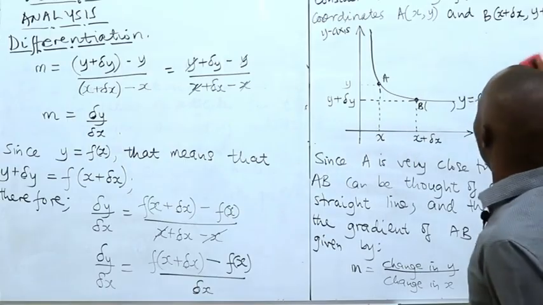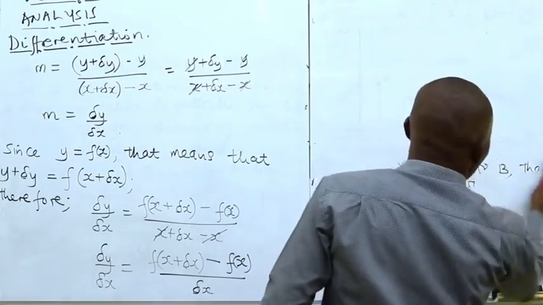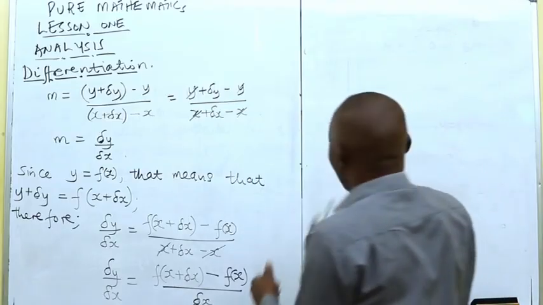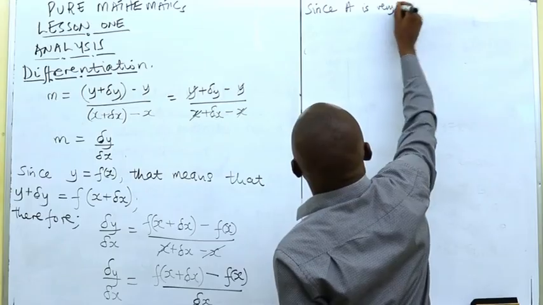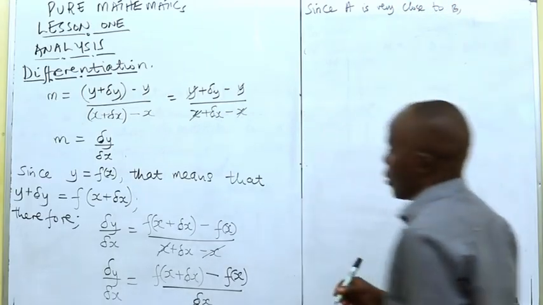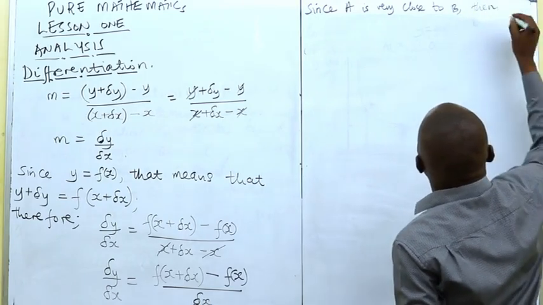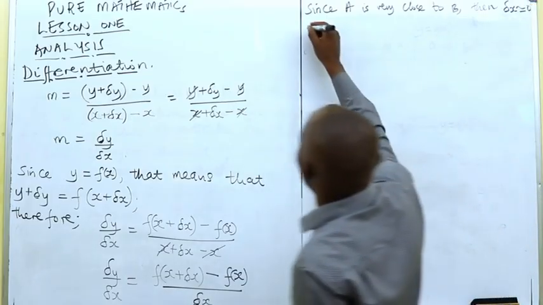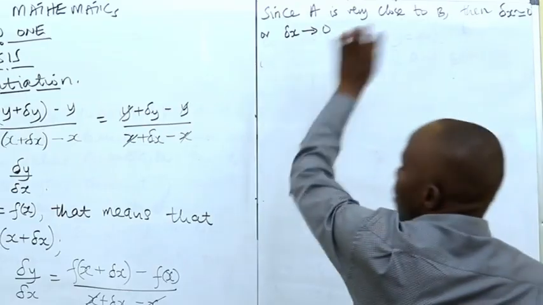Now, since A and B are coordinates on our curve and are very close, delta x approximates 0, or we can say delta x tends to 0.